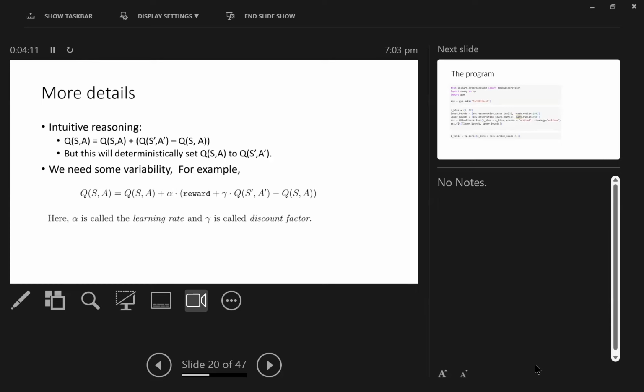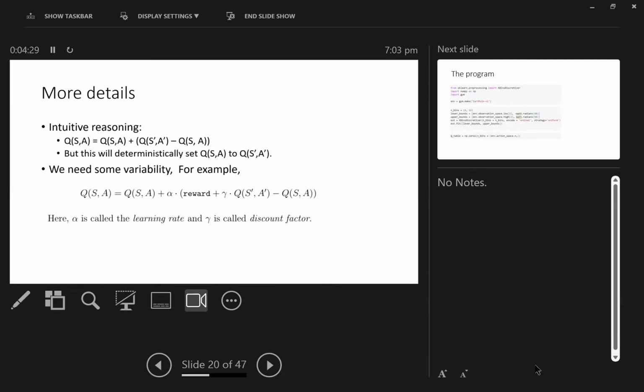Basically, for every step taken by the agent, after that, they look at two things. The first thing is what action has been taken.